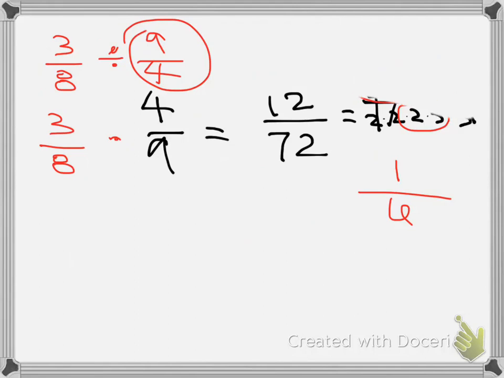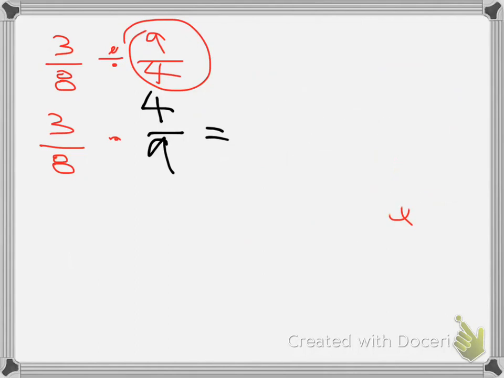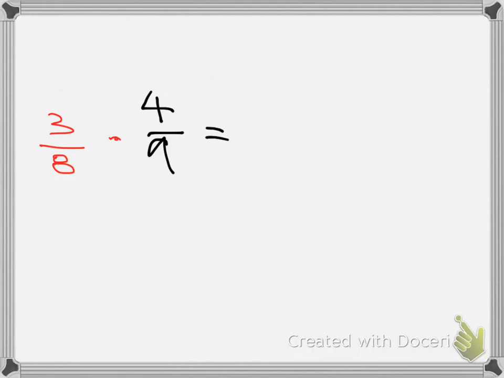Some of you may remember from earlier math classes. Let me get rid of some of this stuff here so you can see just what I'm talking about. Because of this multiplication sign, we can actually cancel some things.